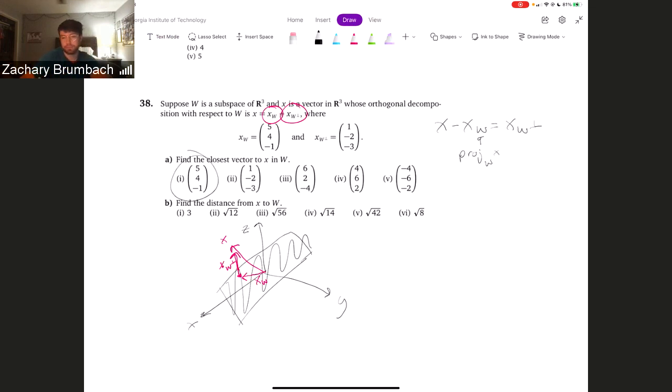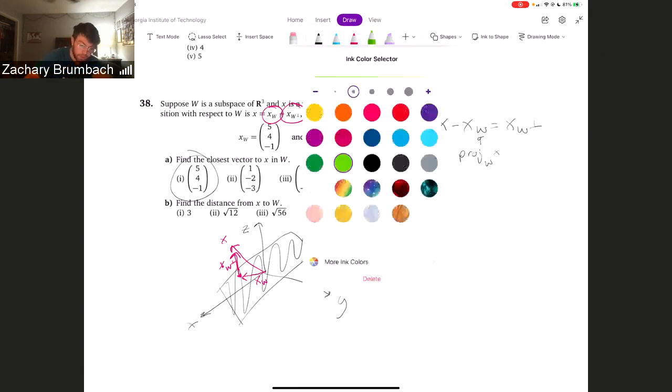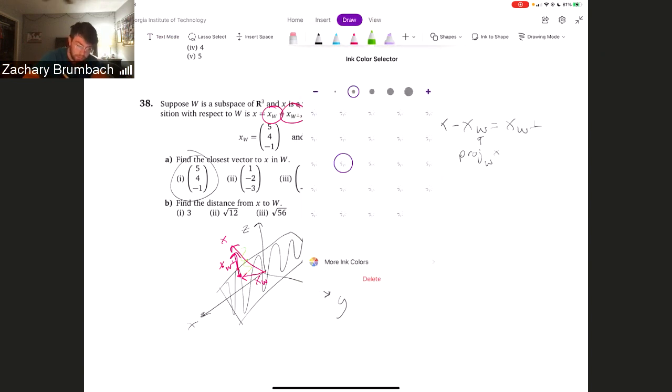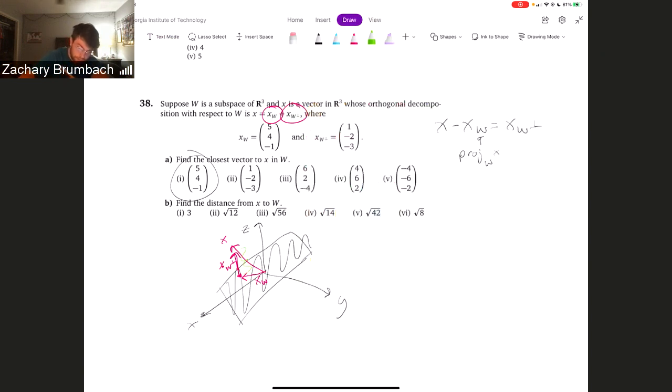Boom, it's a projection. What is the distance from x to W, okay? So, the distance is this amount in a vector, right? This orthogonal part, right? That's the distance from the plane to where x is.